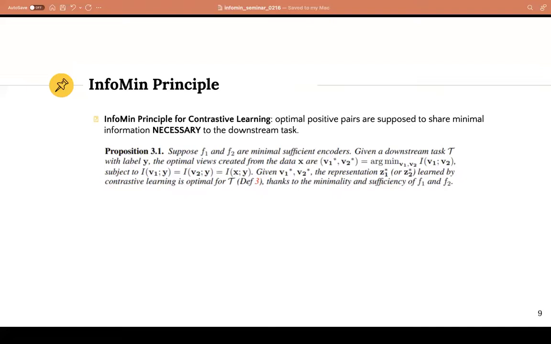It means you are at the sweet spot, and that's the InfoMin principle.